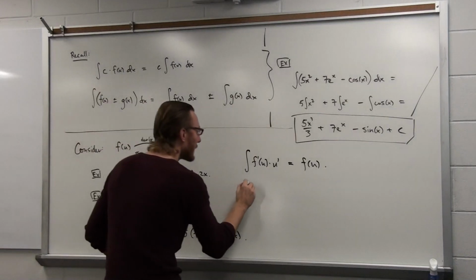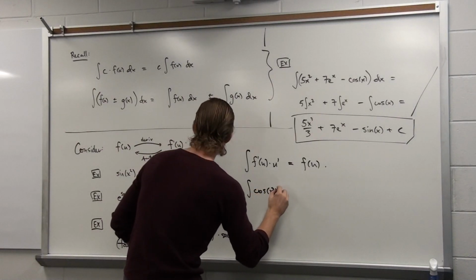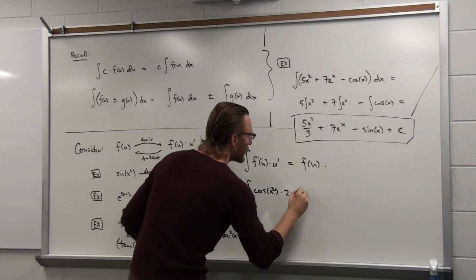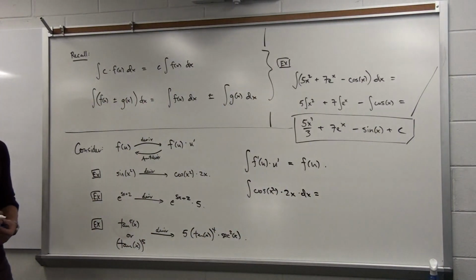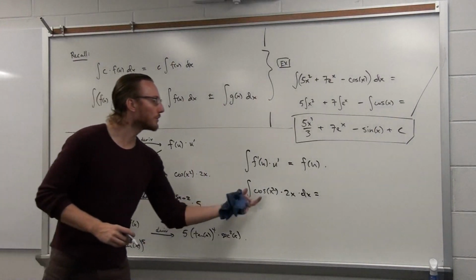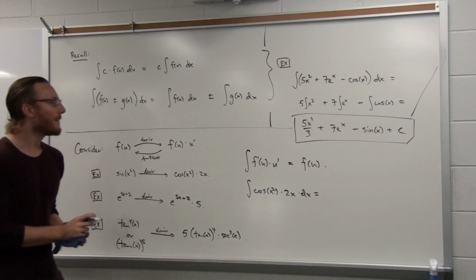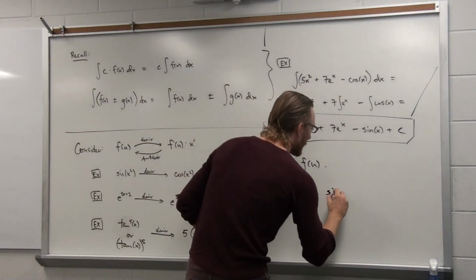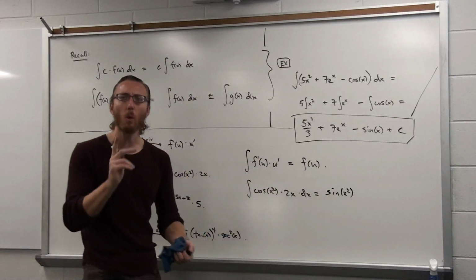The antiderivative of cosine x squared times 2x, the function which produces cosine x squared times 2x as its derivative, is precisely the function sine x squared. Well, I guess sine x squared is just one such function.